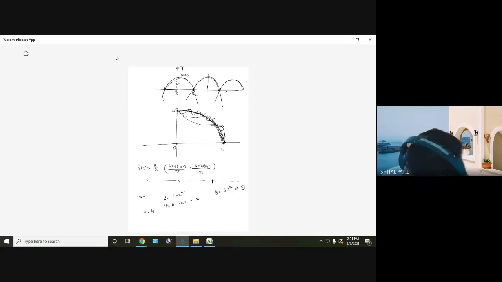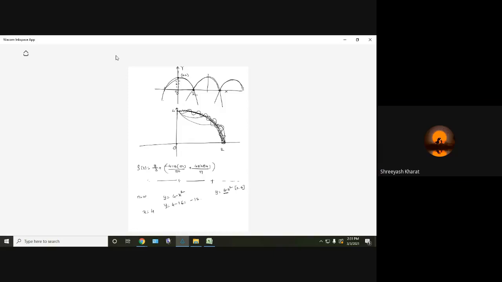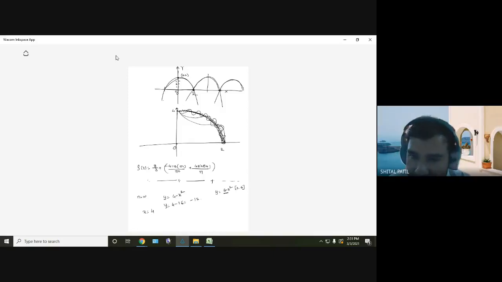See, in that case the function will change, then this will not be the periodic function. Okay, sir. So it will not be a periodic function in that case.